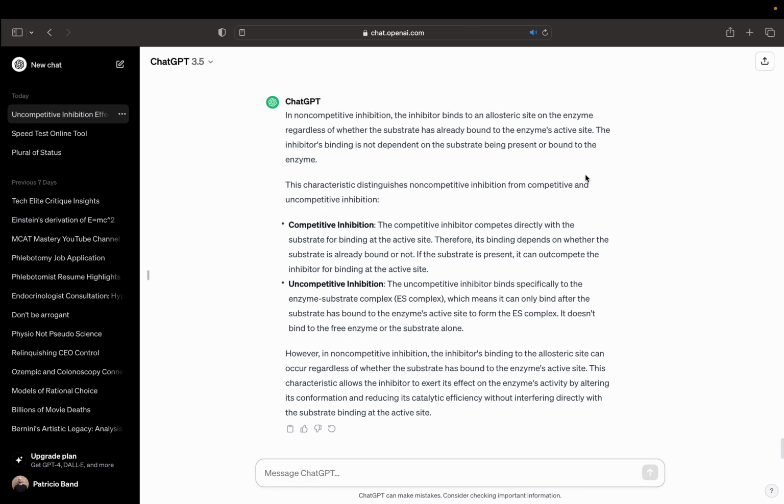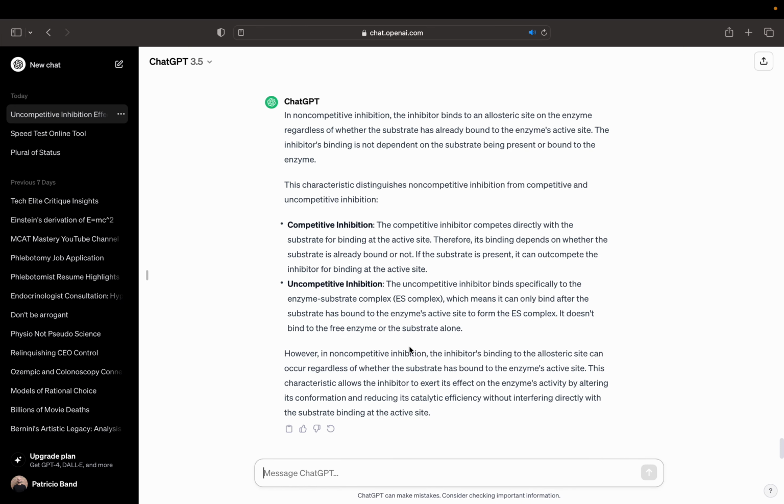The Vmax is reduced. So it's like all those cars going fully to the destination but coming back half full to the origin, right?